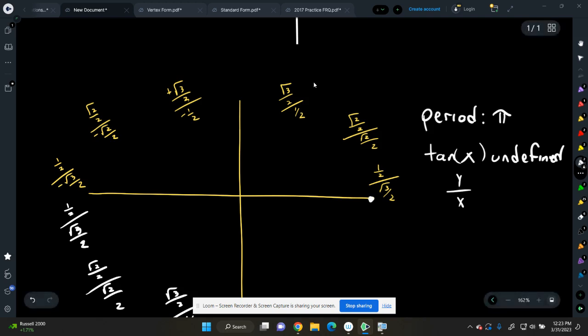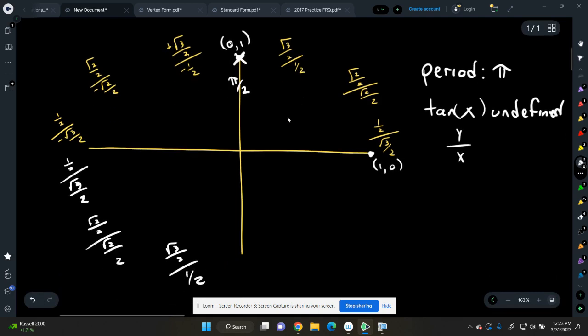So this point here, this is 1, 0, so that's when y equals 0. Here we have 0, 1. That one, I'm going to get an undefined tangent. So I'm getting an undefined at pi over 2. Let's see, over here we have negative 1, 0, so that's okay.